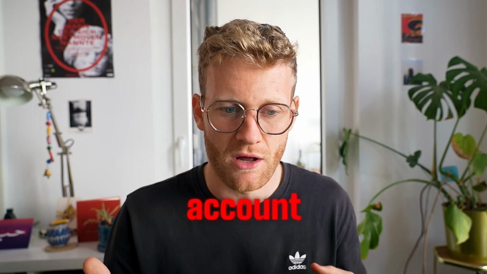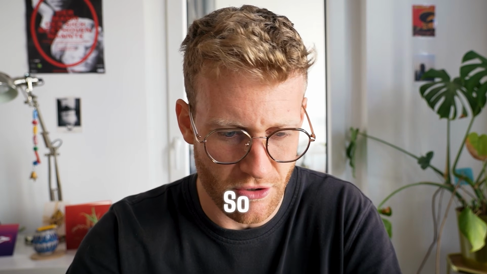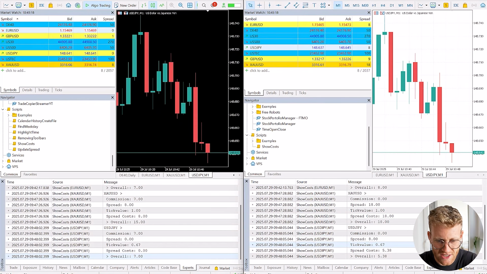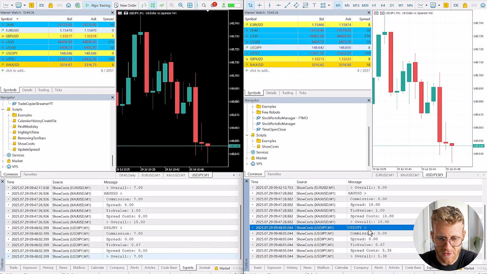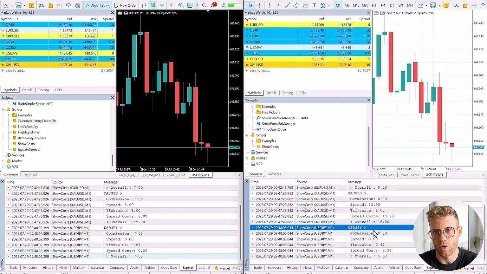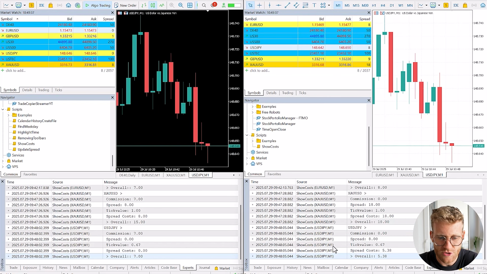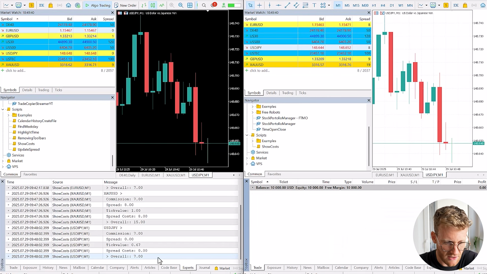It depends on your account currency, the currency you trade, and all of the different currencies. So this is where it gets a little bit tricky, but just know that to have the same impact or leverage in your account trading USD Japanese yen compared to, for example, euro US dollar, you would have to trade more than one lot, and this would mean that the overall costs in the standard account are at least similar, if not higher, than in the raw spread account, which is, in my opinion, really interesting.